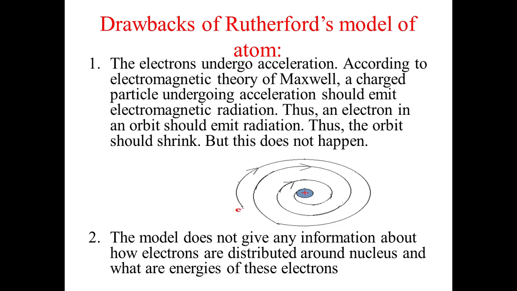Whenever a charged particle revolves around a nucleus in a circular path, it continuously undergoes acceleration. You can understand it this way: according to electromagnetic wave theory, whenever a charged particle is in motion, it loses some part of its energy in the form of radiation, and because of that the energy of the electron keeps decreasing, due to which the radius of its circular path decreases continuously, and ultimately the electron collapses into the nucleus.